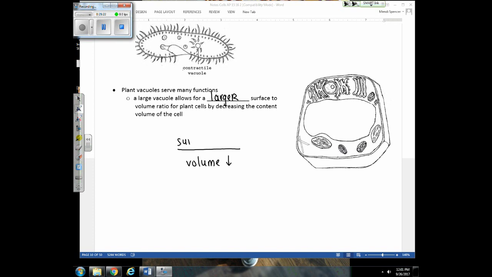The surface area hasn't been changed. So if you decrease this bottom number, the denominator, that's going to end up making this number over here a greater value. So we say by decreasing the volume of the cell, we end up with a higher surface to volume ratio.